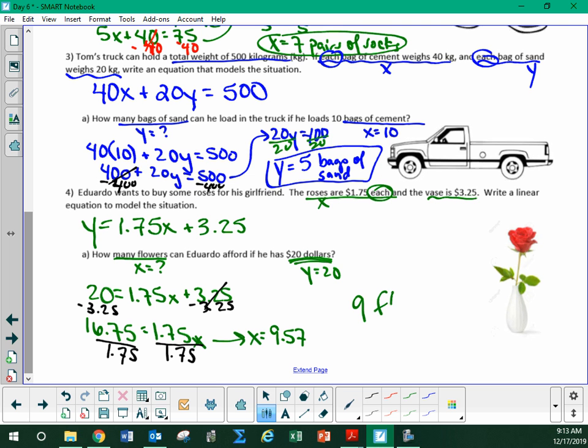When we're left with a decimal, do we round? It depends on the situation. If it was talking about money, I can have $9.57. If we're talking about people, I can't have half of a person go to an amusement park. So you just want to look at the situation and think about whether or not you can have that.